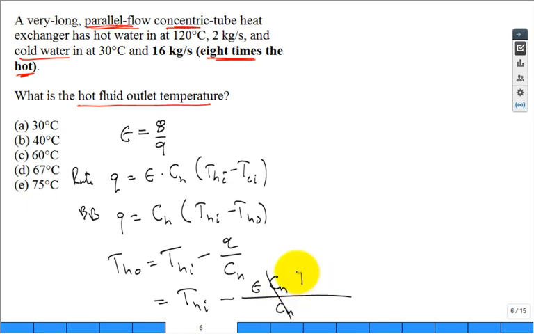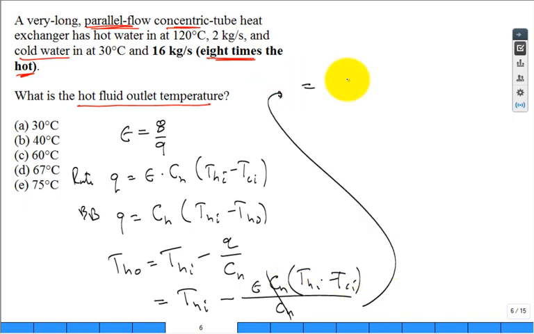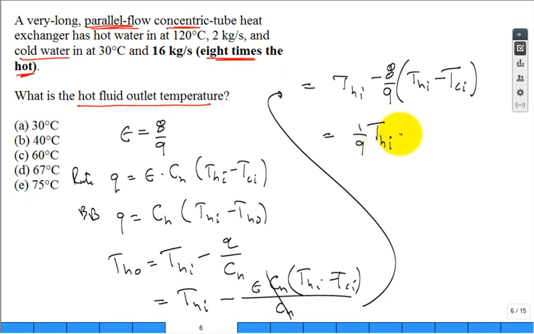That's going to cancel. So it's equal to temperature hot in minus my effectiveness 8/9 of the temperature hot in minus temperature cold in. It's equal to 1/9 of temperature hot in plus 8/9 of temperature cold in.